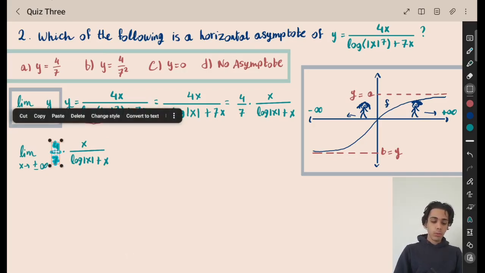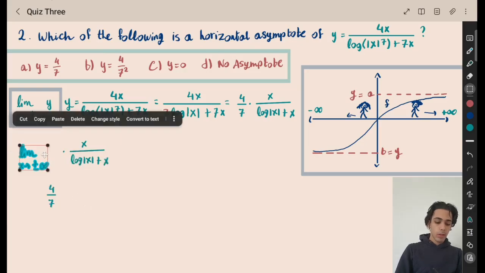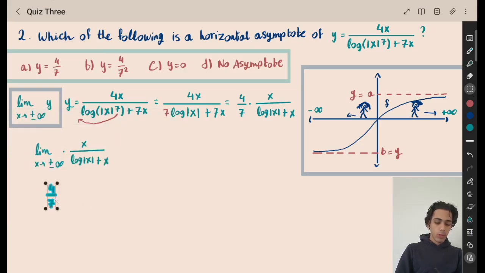It's a constant. So no matter what the value of the limit is, it won't really affect it. So we can just place it outside the limit. So this is the limit, x divided by log absolute x plus x.